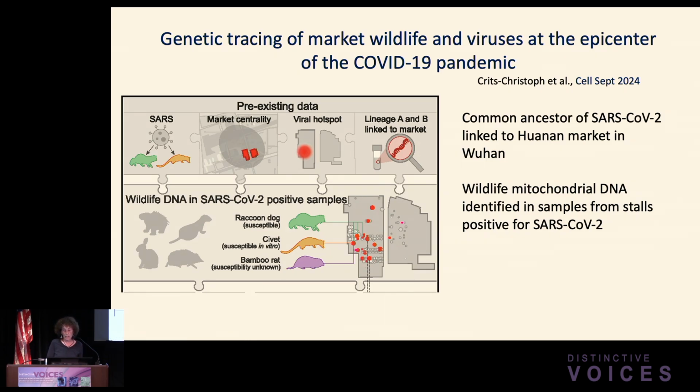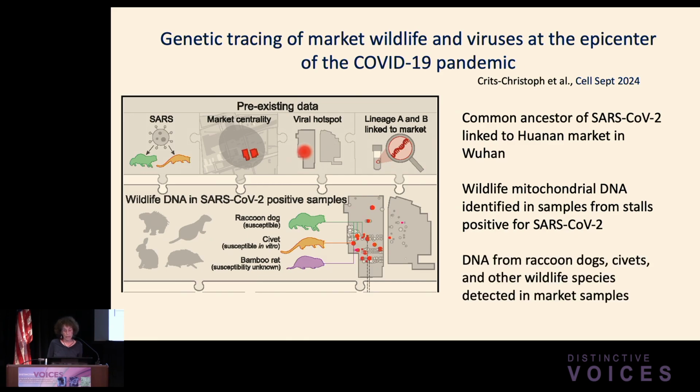Wildlife DNA was identified in samples from stalls that were positive for SARS-2, and DNA from raccoon dogs, civets, and other wildlife species were detected in market samples. So this was just another step to say, yes, there were certainly viruses associated closely with animals in the market, but they could never actually look at the live animals to prove it. So this doesn't actually prove that the virus came out of the animals in the market, but it's some, I think, important evidence.